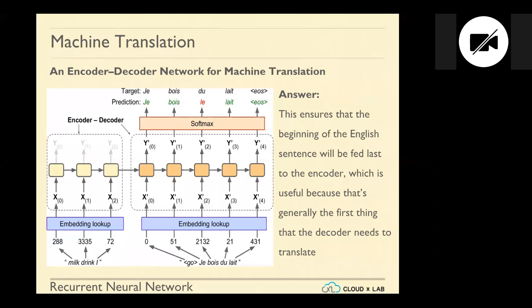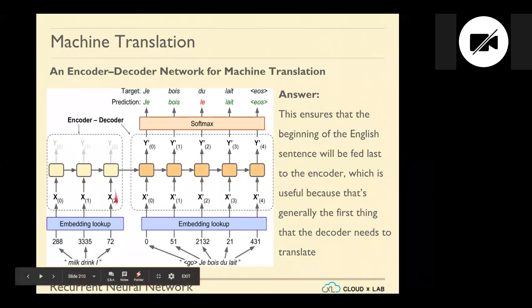This ensures that the beginning of the English sentence will be fed last to the encoder, which is useful because that's generally the first thing the decoder needs to translate. Remember, in a recurrent network, when we feed something last, that is the one having the highest influence, and hence the decoder will see "I" first and then the rest. That's why this is more optimum.